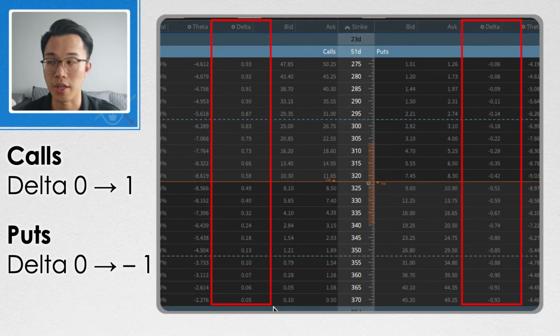For call options, the further out of the money the option strikes are, the closer the delta will be to 0. The further in the money the option strikes are, the closer the delta will be to 1. For put options, the further out of the money the option strikes are, the closer the delta will be to 0. And the further in the money the option strikes are, the closer the delta will be to negative 1.